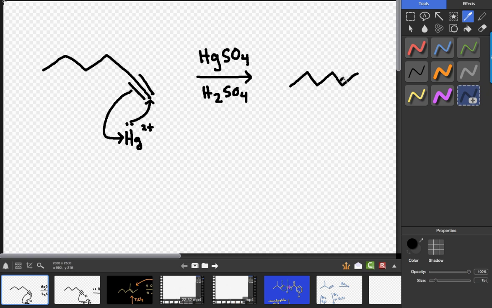And so you have a double bond. I'm going to show one stereochemical result. The secondary-like carbon is going to be more electrophilic because it can better stabilize a positive charge.